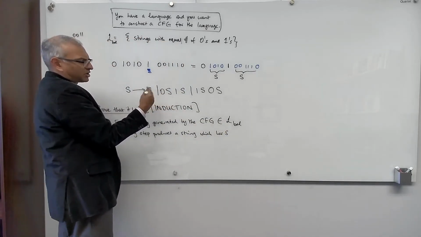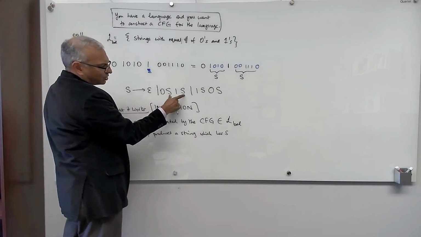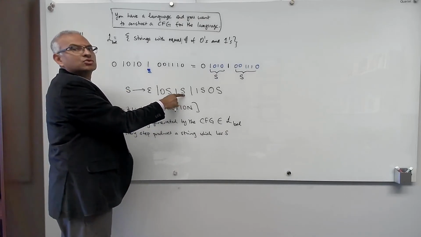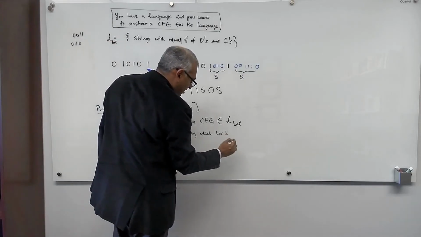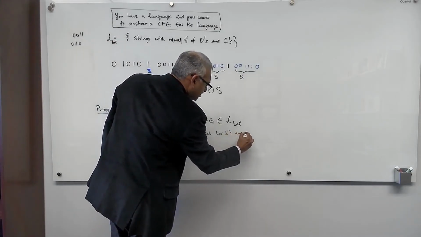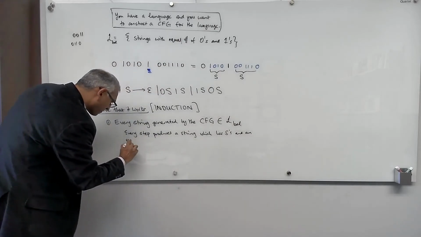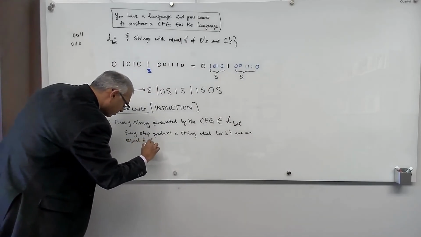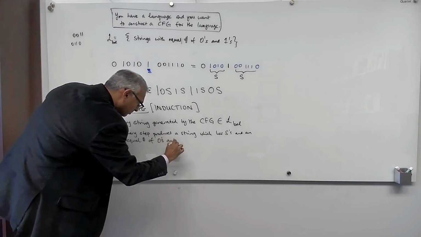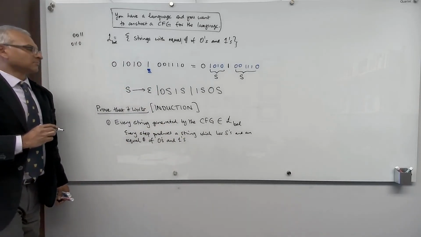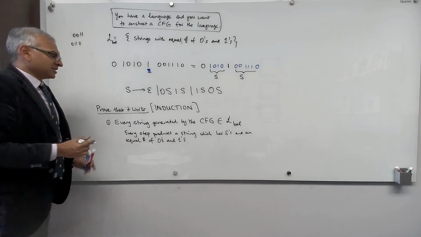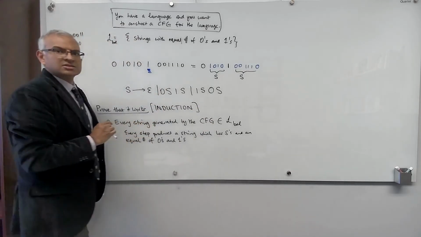So if I'm trying to derive a long string, these are shorter strings, okay, which we can assume satisfy the property, and then I'm adding an equal number of zeros and ones. So that's the basic idea behind why every string generated is going to be balanced.